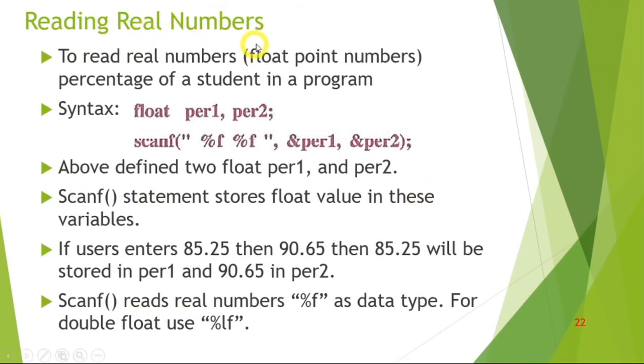Now reading real numbers. Real numbers, you know, come with a decimal fractional part. To read real numbers, floating point numbers, such as the percentage of a student in a program. Here is some syntax for real numbers: float percentage1 and percentage2. What will you write? scanf, then bracket, quote, %f and %f, because two variables have been declared.